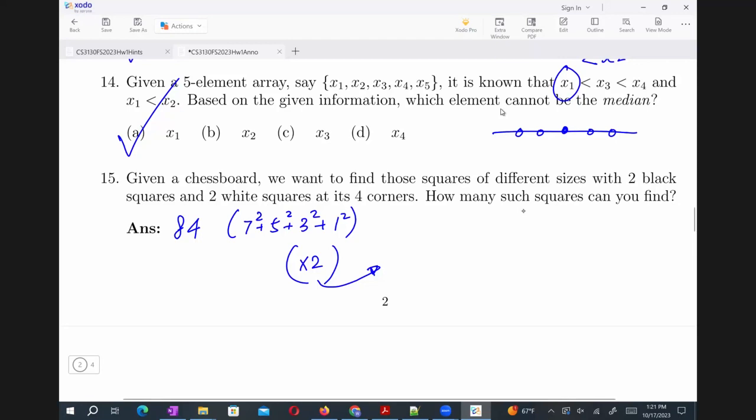The reason we multiply by 2 is that there is a symmetry by the diagonal. So you need to know why we multiply by 2. The mirror, flip. Put a mirror on the diagonal, then you do a flip.